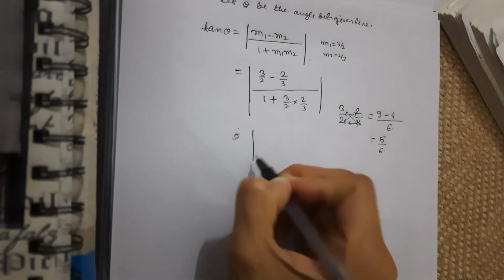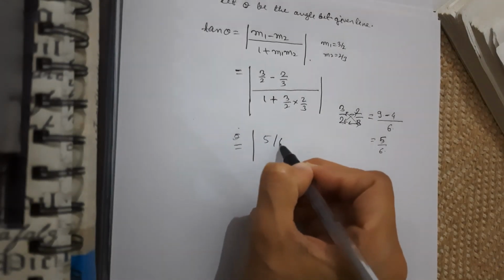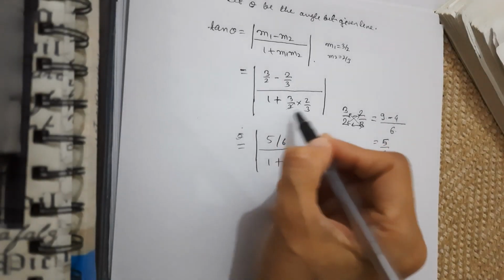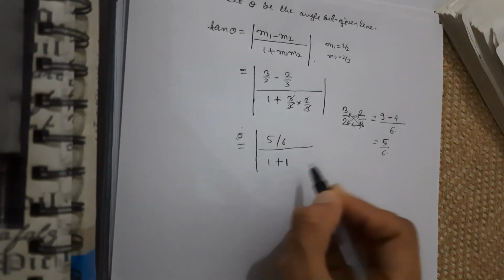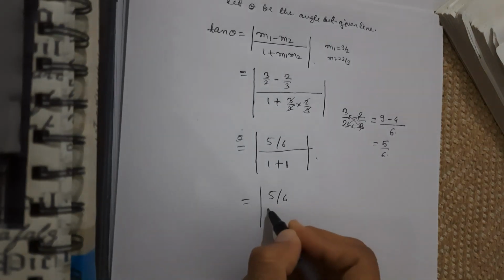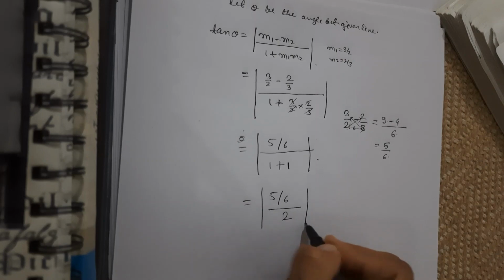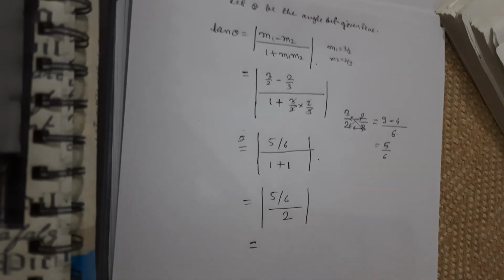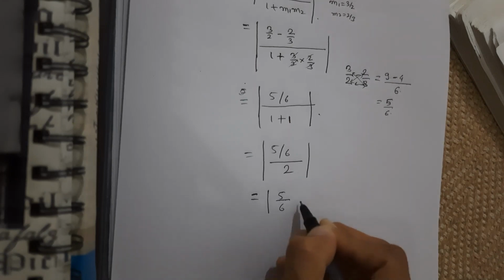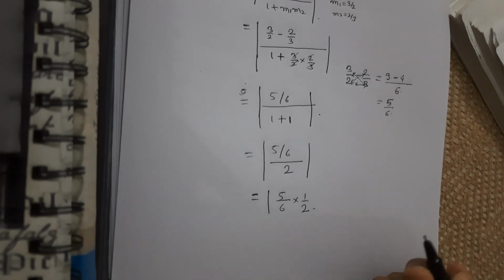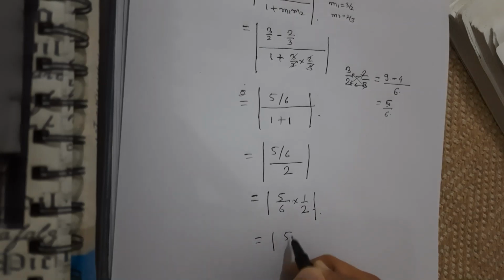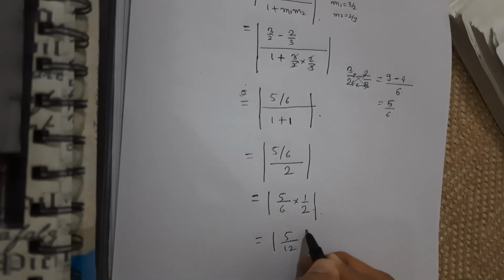So this is equal to 5 by 6 upon 1 plus, so the 2 cancels, the 3 cancels, 1 is remaining here. So 5 by 6 mod upon 2. Now we just simplify it, so I can write it as 5 by 6 into 1 by 2. So this is 5 by 12.